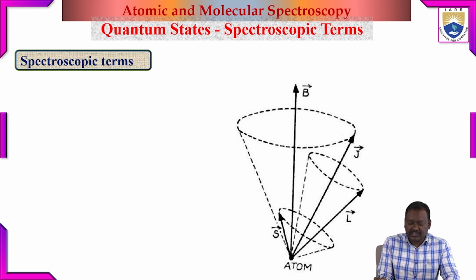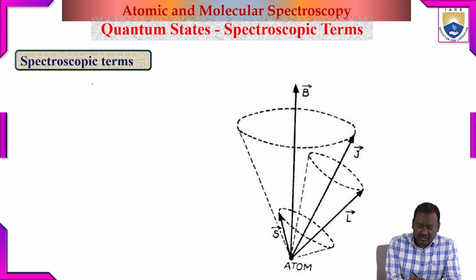As we discussed in the earlier lecture, the total angular momentum J bar is obtained by vector summation of L bar and S bar. So J bar equals L bar plus S bar. We already calculated the magnitude of J bar by taking the square of these terms.